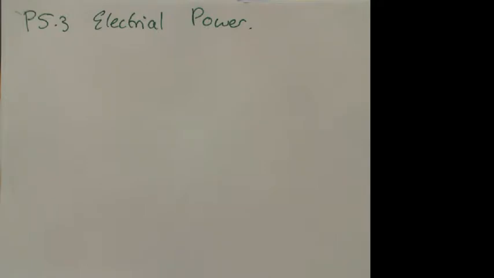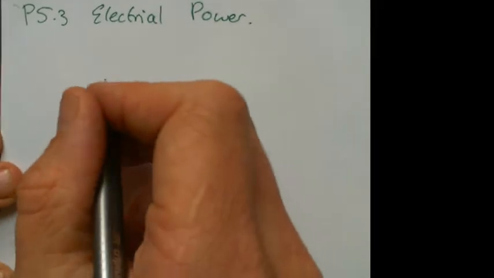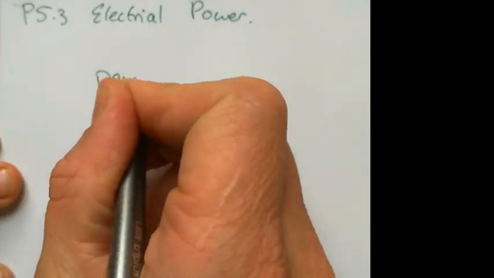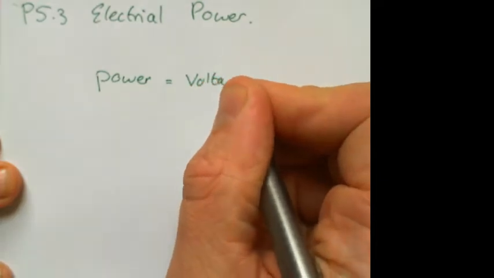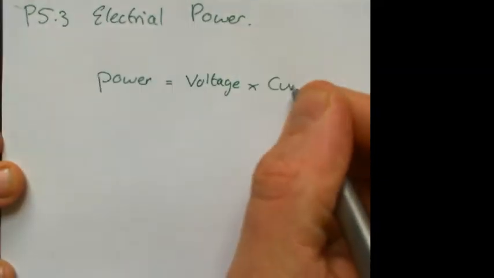Okay, just to finish off electrical power 5.3, where we'd got up to was we said that power equals voltage times current.